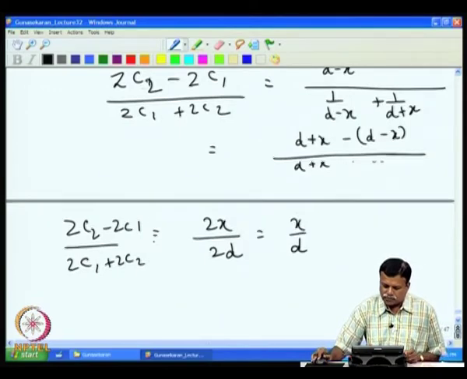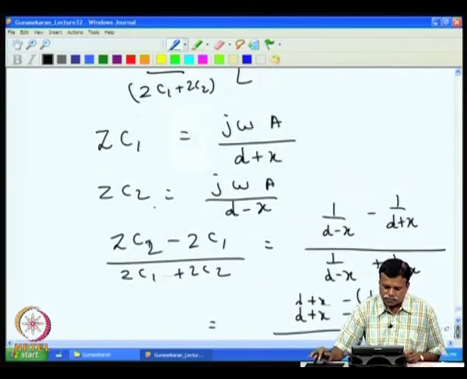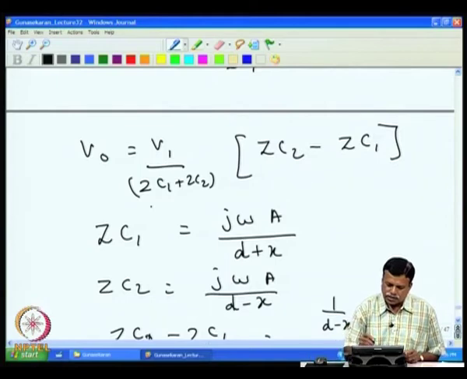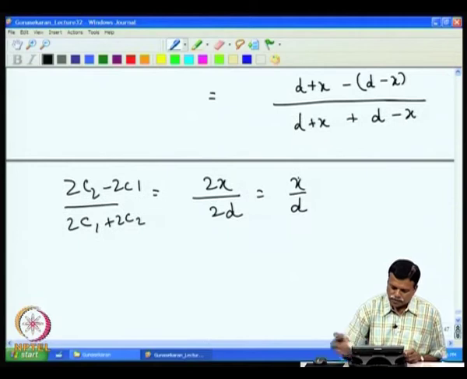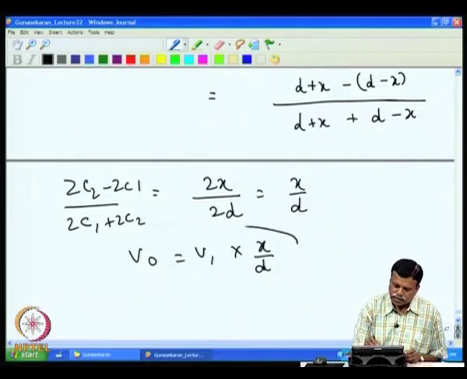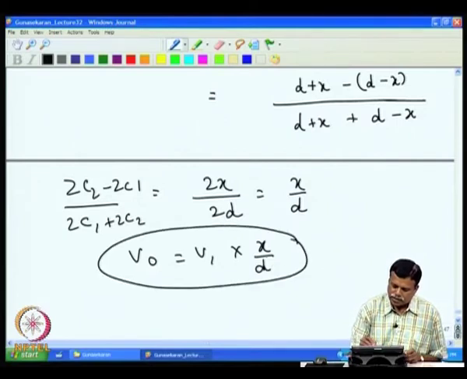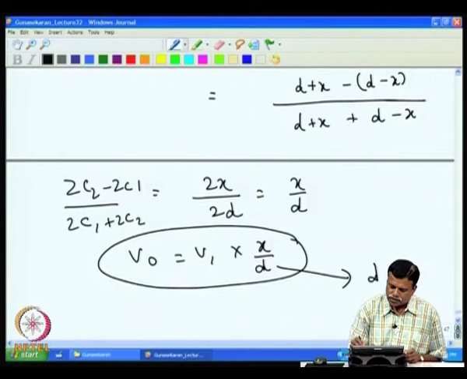So, V0 will be V1 into x by d, which is actually linear, because d is fixed and V1 is fixed.